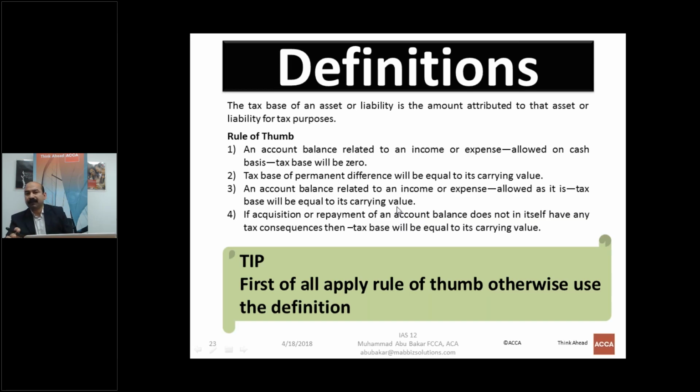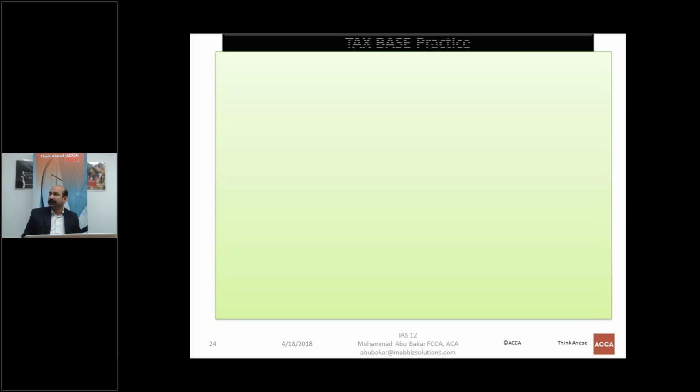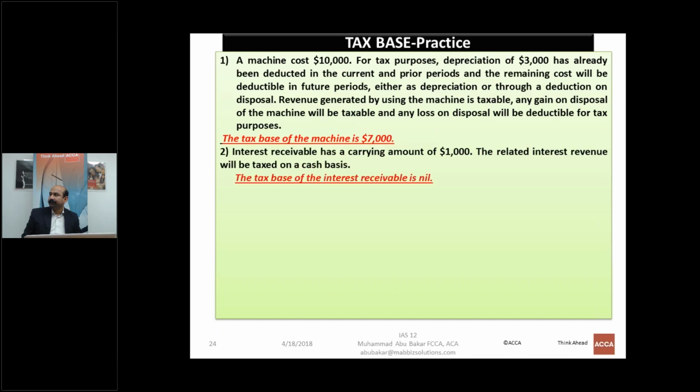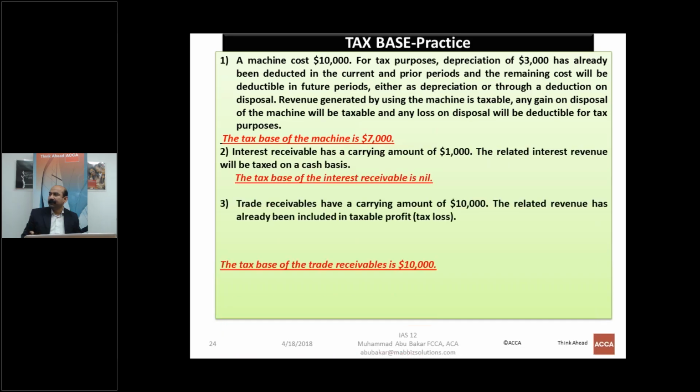Because trade receivable is a balance, but the related item in the income statement is revenue, and that revenue is being fully allowed. So this means the related asset's tax base will be equal to the related asset's carrying value. So here in this case, the tax base will be 10,000.